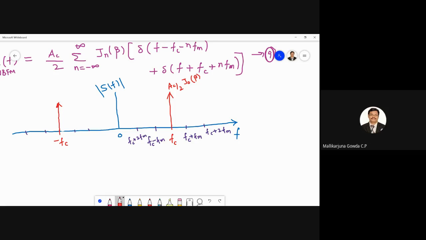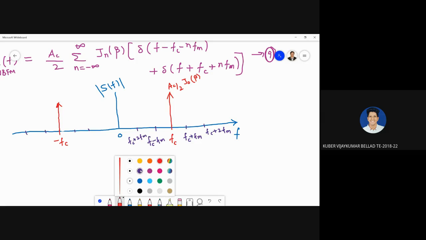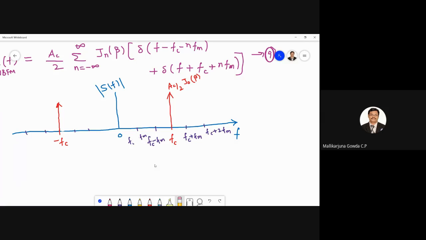Similarly this side also you can represent. Here it should be FC minus 2FM, after 0. Yeah, it should be minus now. This will be FC minus 2FM.